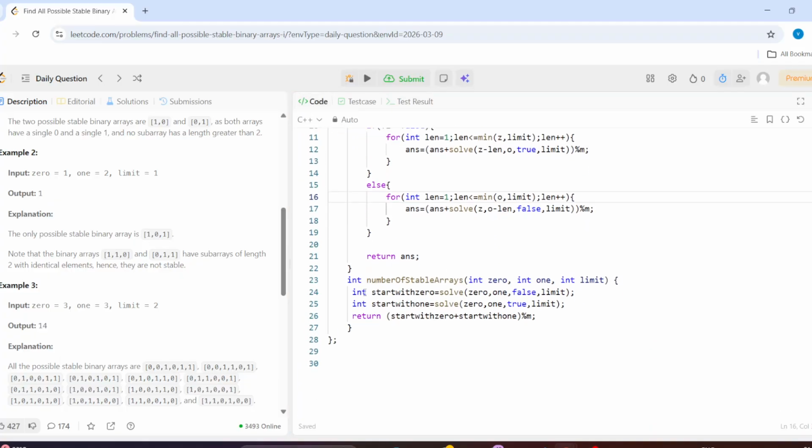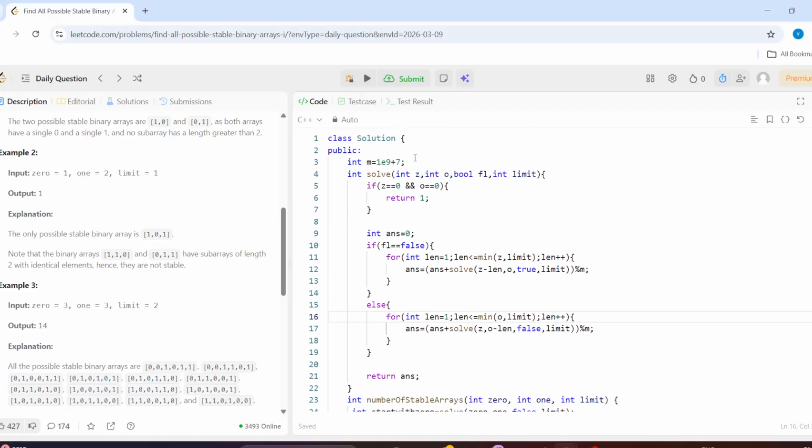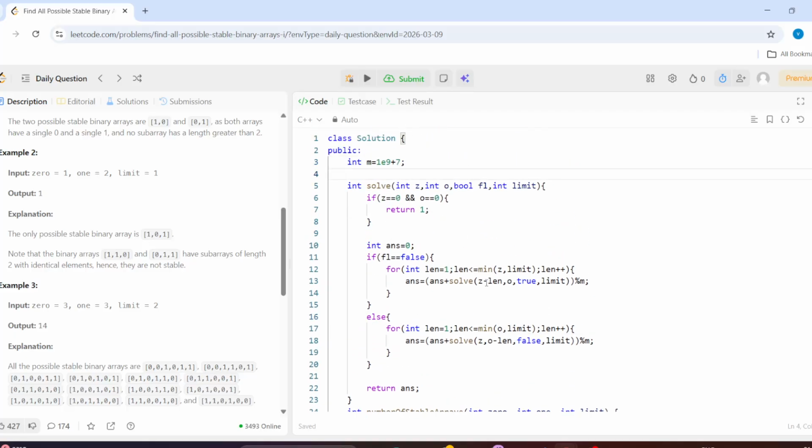Now we will memoize the code. We have changing parameters z, o, and this true false flag. So int memo of 201 by 201, and here 2 times.